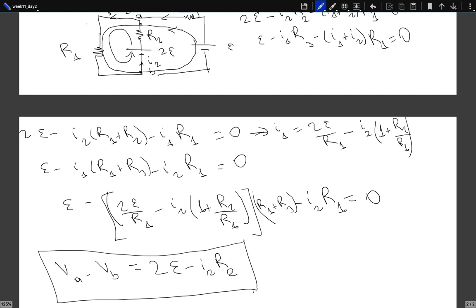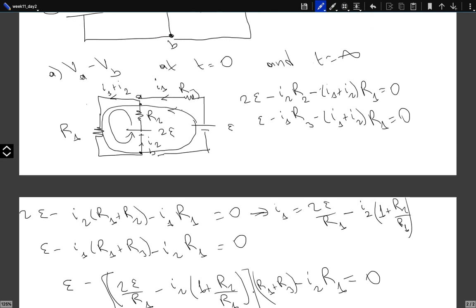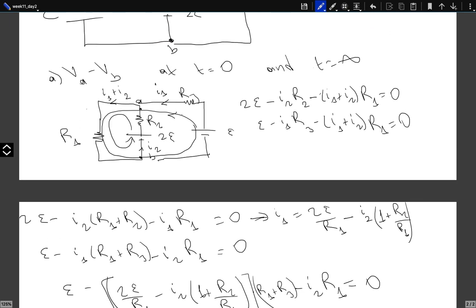Well, if you don't want to deal with Kirchhoff's rules, if you solve it, most probably what you will get is I2 is twice epsilon over (R1 plus R2), and I1 is epsilon over (R1 plus R3). So this is probably what you will get.